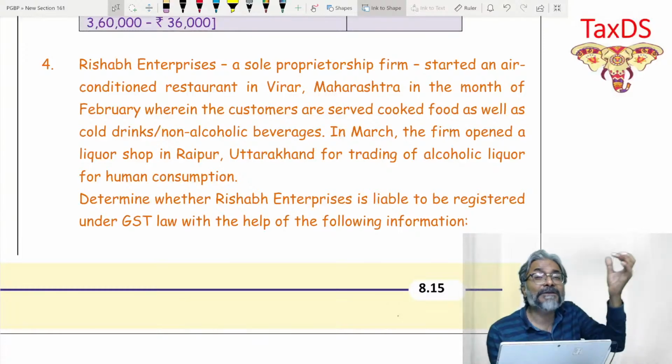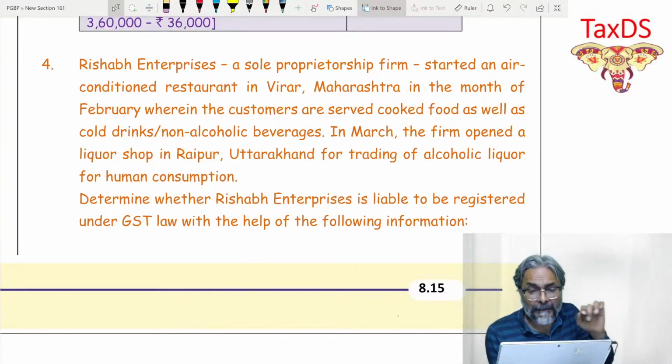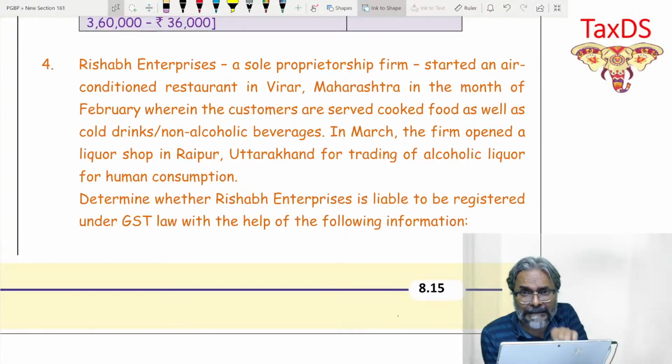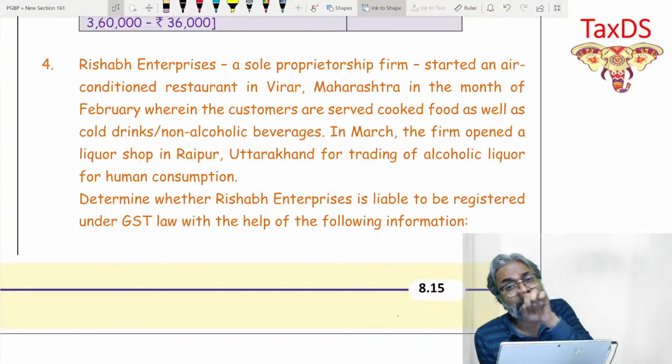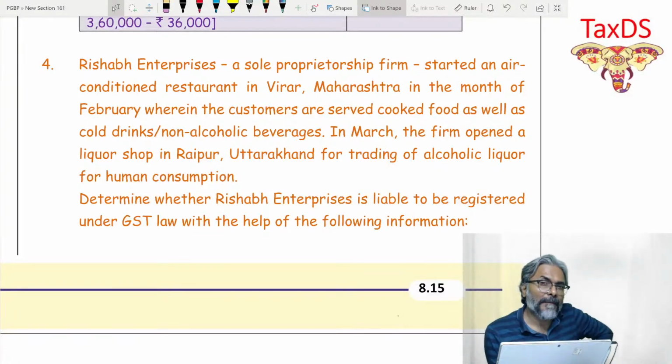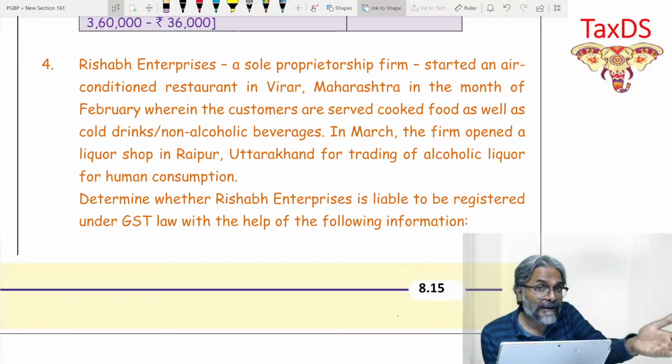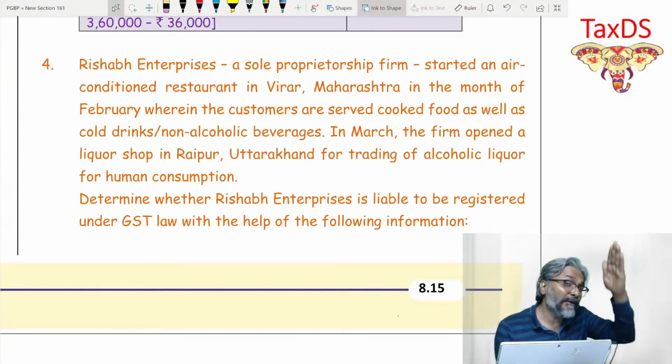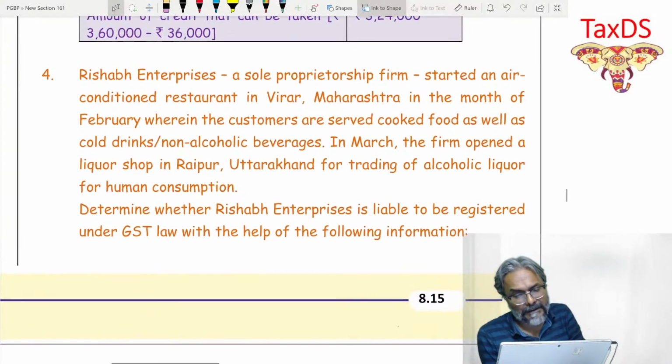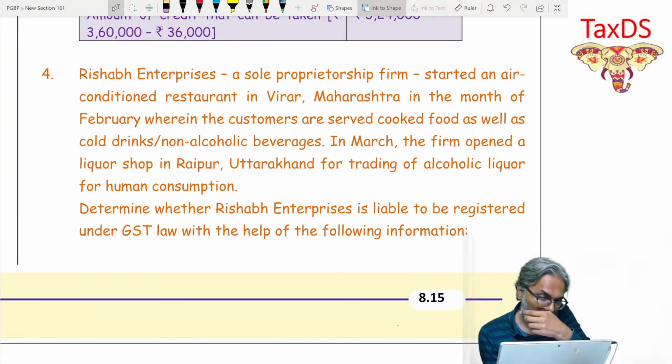But here it is very clear that the activity you are pursuing is very much a supply, but outside the scope of levy, which is included in the definition of exempted goods. So definitely we will consider this turnover also.